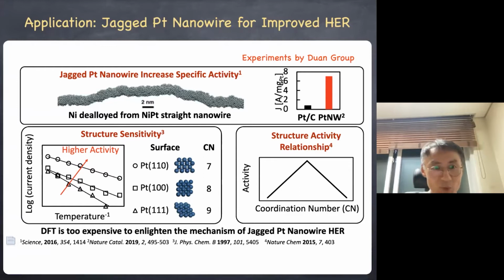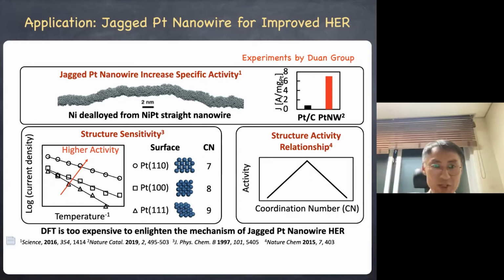We all know, or some of us know, that even for the same platinum, depending on different surfaces, 110, 100, or 111, because they have different coordination numbers, they have very different activities. Having said that, you can easily imagine that this kind of very amorphous platinum nanowire would have all sorts of coordination environments. So in order to understand the experiments, you cannot use a couple of ideal surfaces.